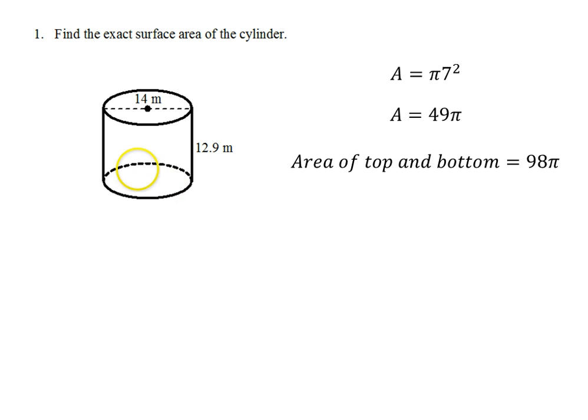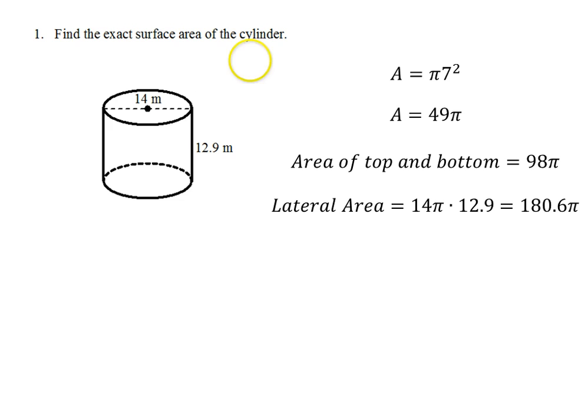Now we have to find the area around the cylinder, also known as the lateral area. And the lateral area of the cylinder is going to be 14 pi times 12.9. Where does the 14 pi come from? That's a great question. The 14 pi is the circumference of this circle. Because if we flatten out the cylinder, there will be a rectangle that is formed, and the length of the rectangle is the distance around this circle.